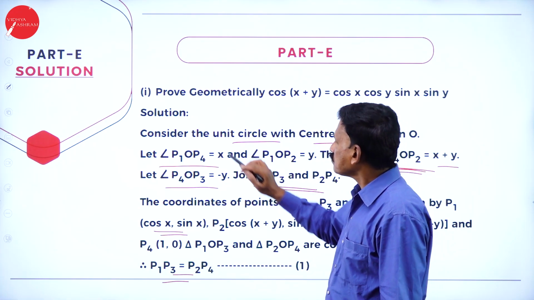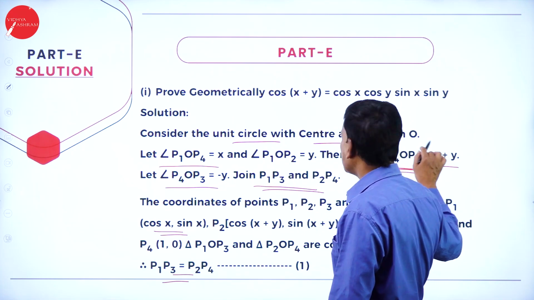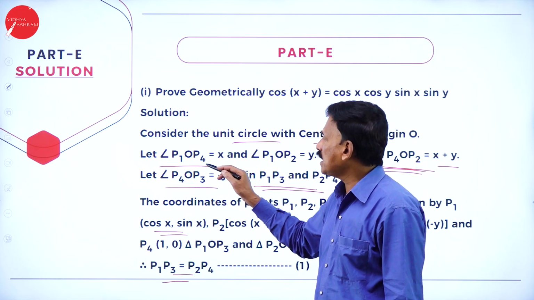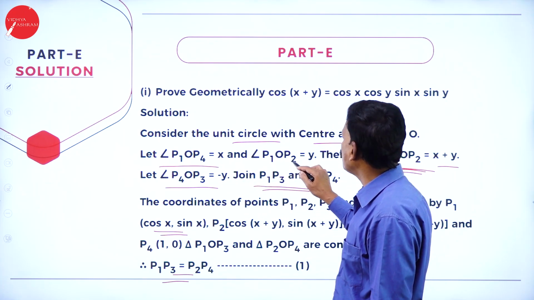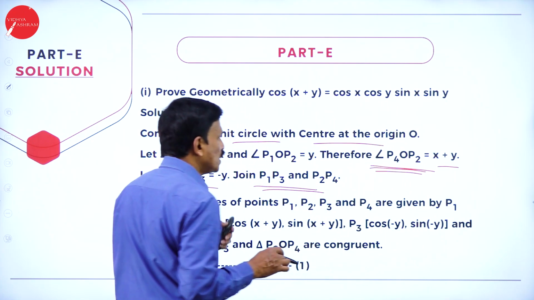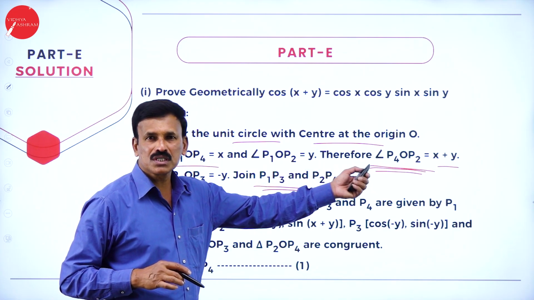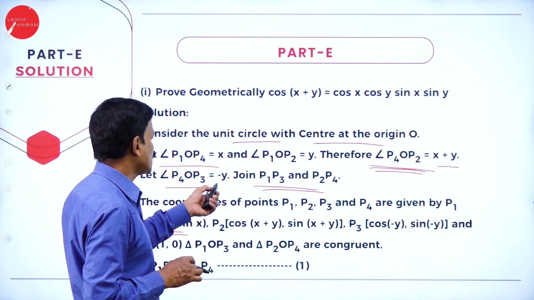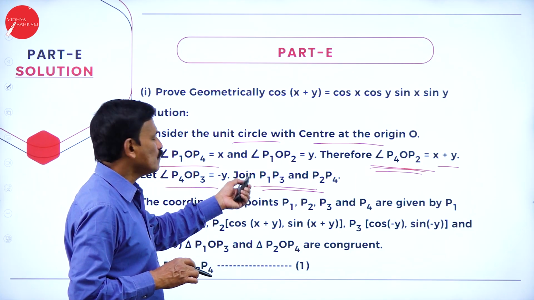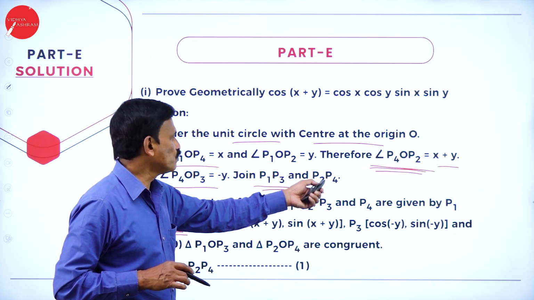Very simple. Consider the unit circle with center at the origin, and let angle P1 O P4 be equal to x, and P1 O P2 be equal to y. Therefore P4 O P2 is equal to x plus y, and P4 O P3 is equal to minus y. Now join P1 P3 and P2 P4.